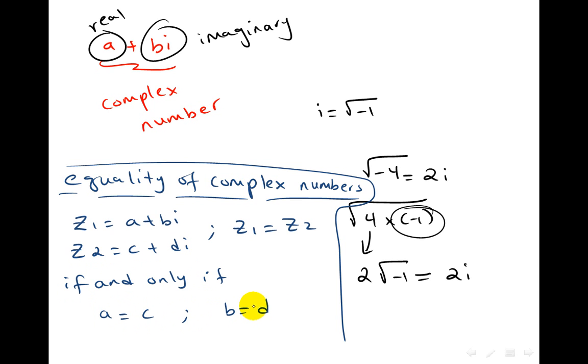That means if and only if the real parts are equal and the imaginary parts are equal. So only under that condition are two complex numbers equal.